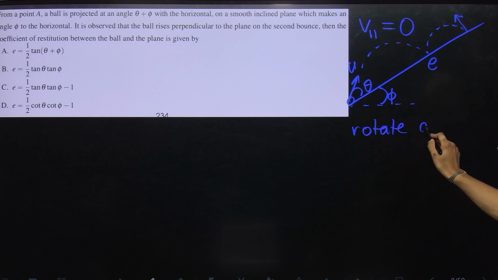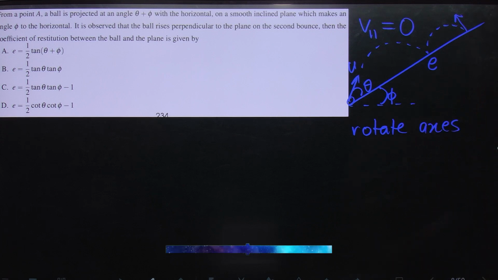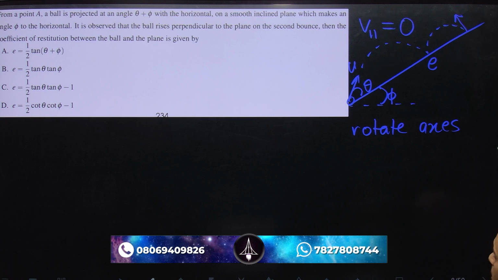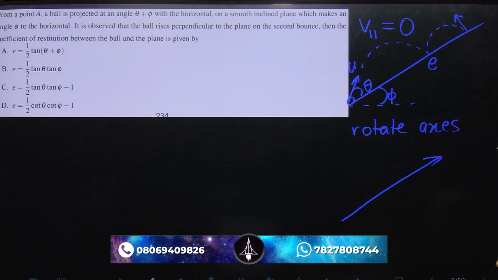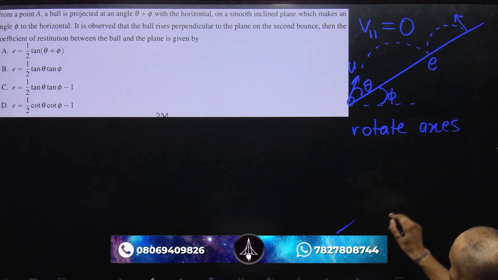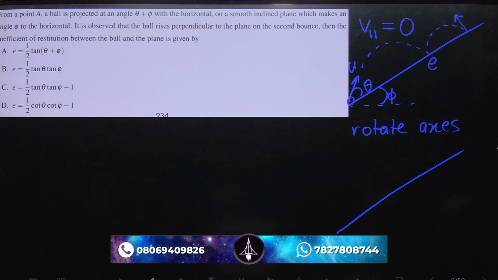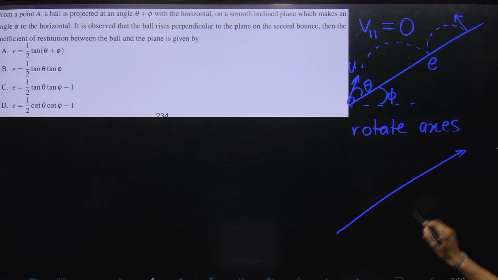Let's rotate our axis system so that our new x-axis will be in the direction parallel to the inclined plane. Let me draw a little better. This new axis is parallel to the inclined plane, and our y-axis will now be perpendicular to it.